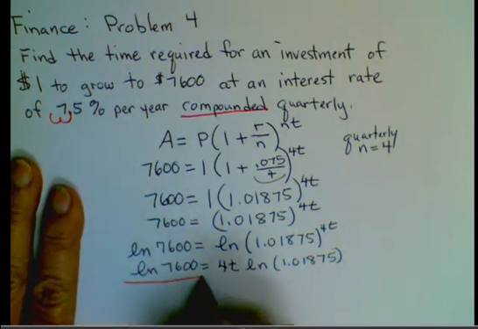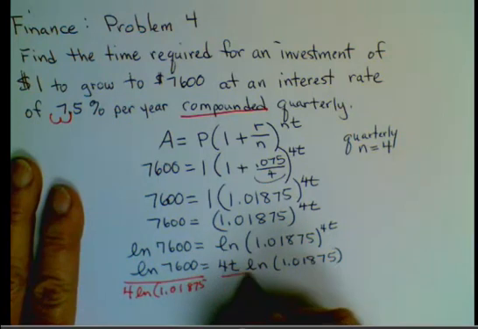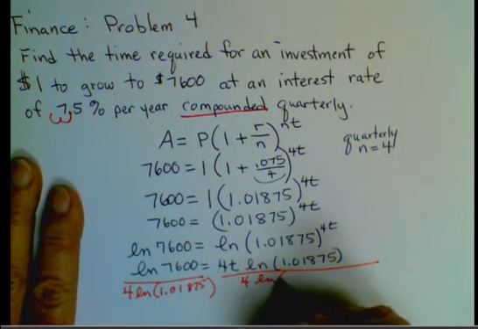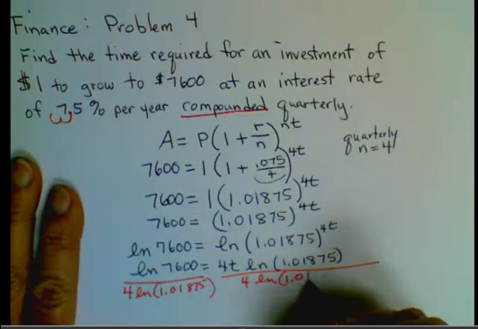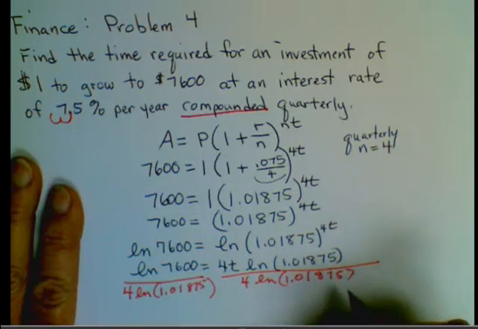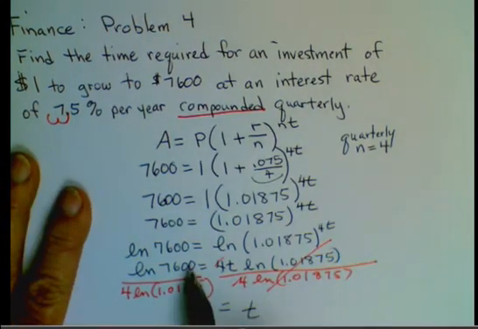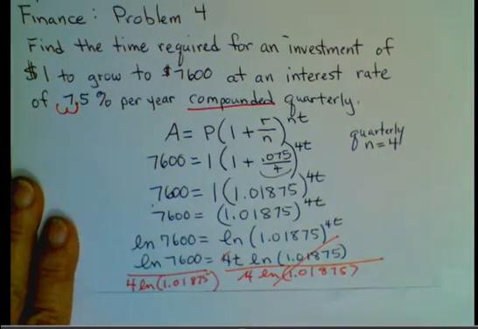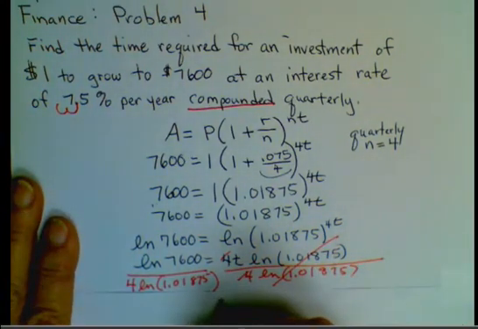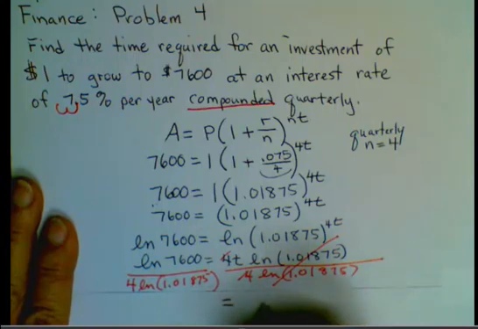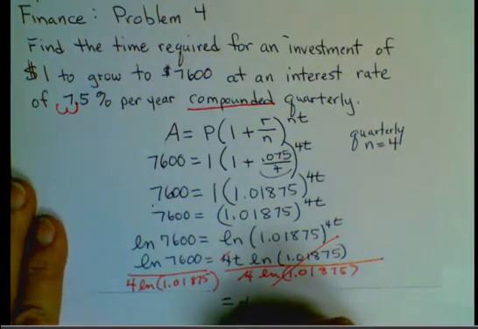So I'm going to divide on both sides 4 ln of 1.01875. Right, 600. So when we divide these out, all that's left on your right hand side is your t. That's what you were solving for.